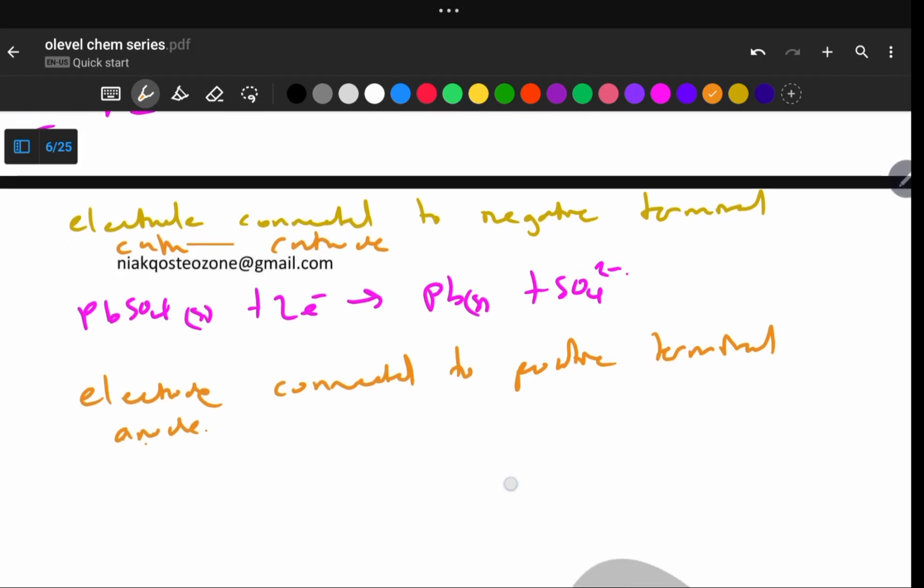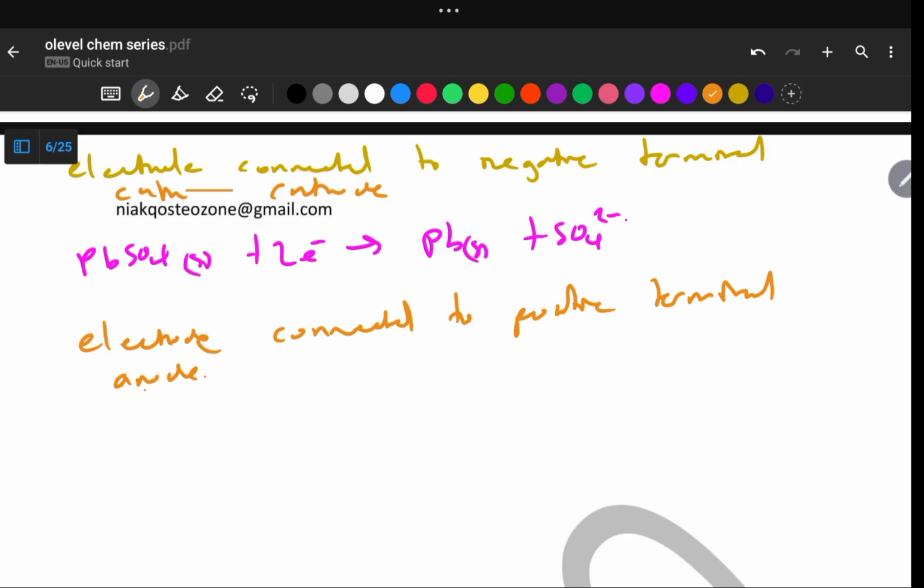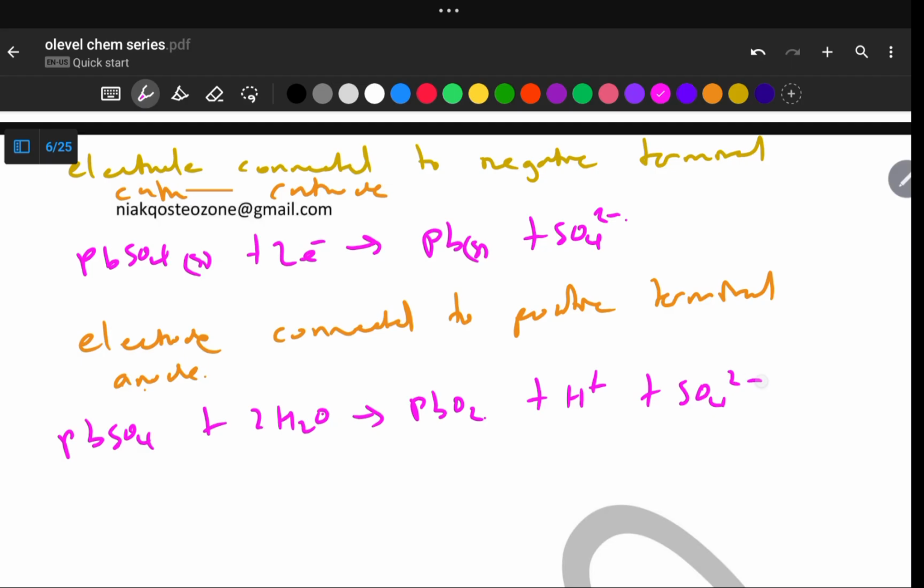So for the anode reaction, we are going to have lead(II) sulfate plus 2 moles of water, and then this will give us lead(IV) oxide plus the proton plus the sulfate ion.